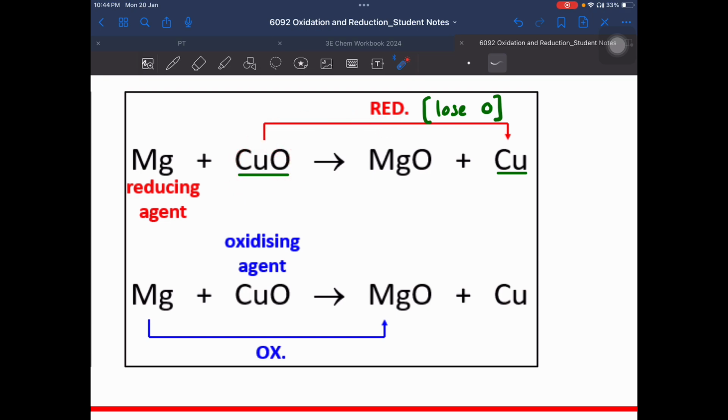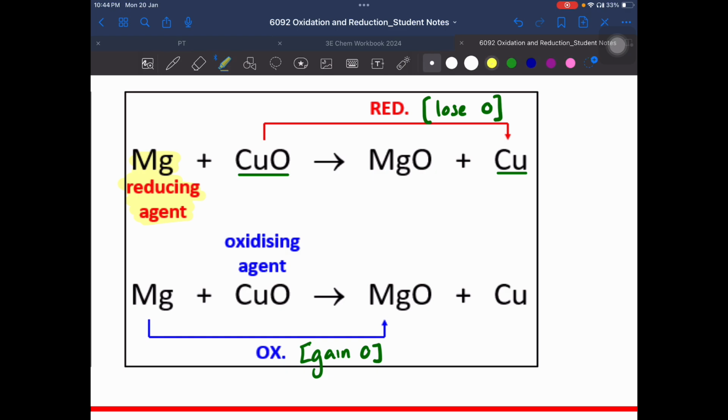It must be the other reactant that you see over here. Therefore, we call the magnesium a reducing agent. So that's actually how this term is being derived. Similarly, if you look at the same reaction, and now you look at it from the perspective of the magnesium, it actually went from Mg to MgO, and that's a form of oxidation because there's a gain of oxygen.